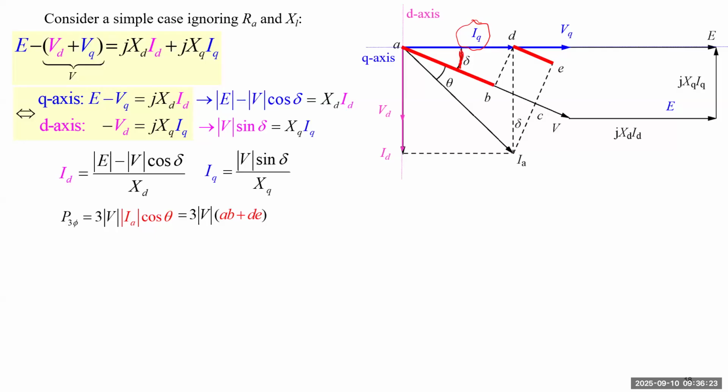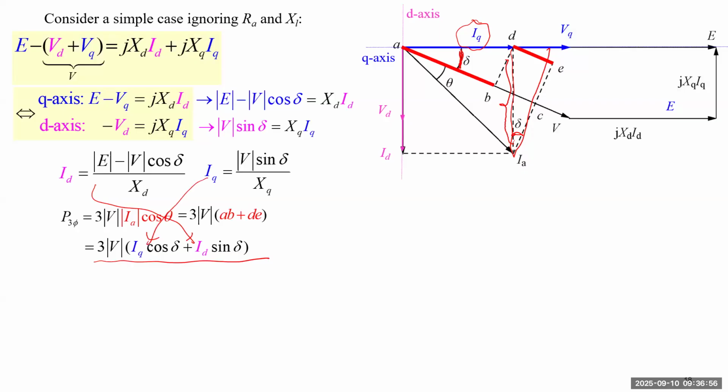For D to E, we can utilize this triangle, because we know this line is ID. Then we multiply it by sine delta. Okay, so we get this second expression. From here, we can just plug in ID and IQ.